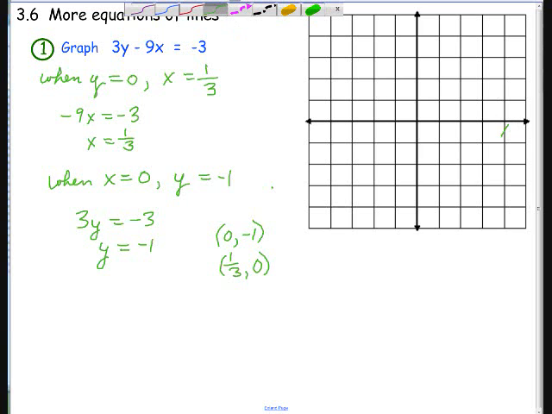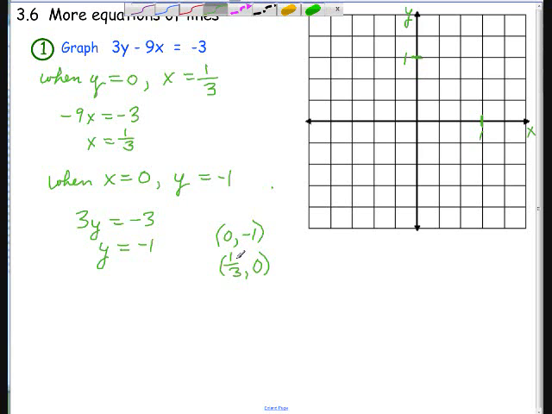Oh, no, I'll make it even easier on myself. I'm going to make this 1 and this 1. So we've got grids which are 1/3 by 1/3.